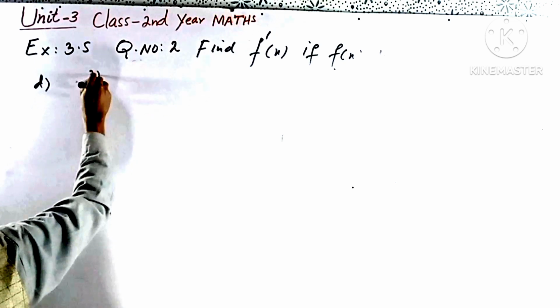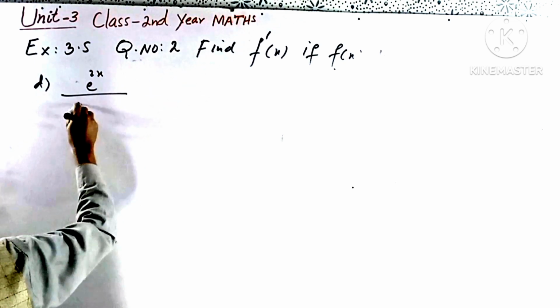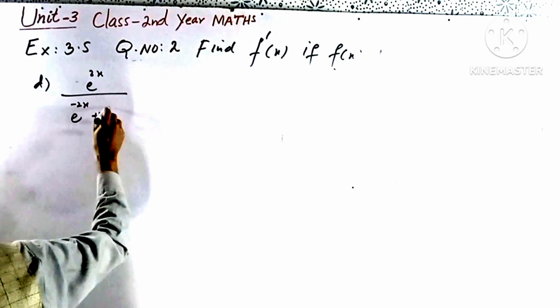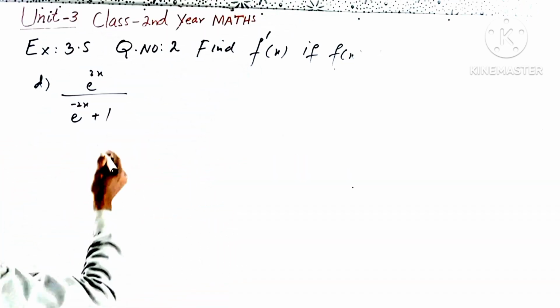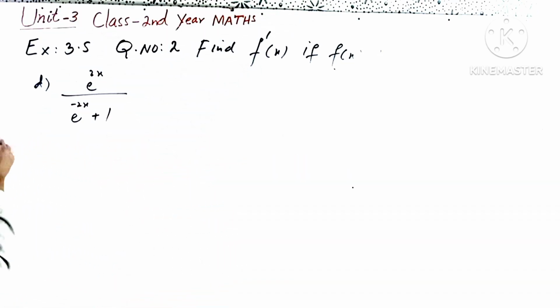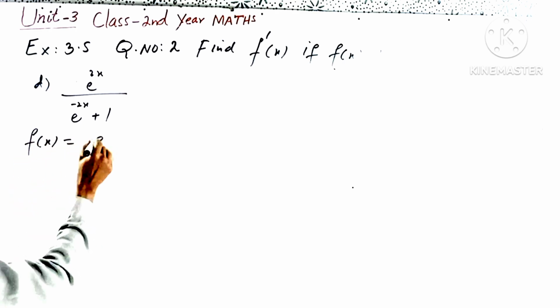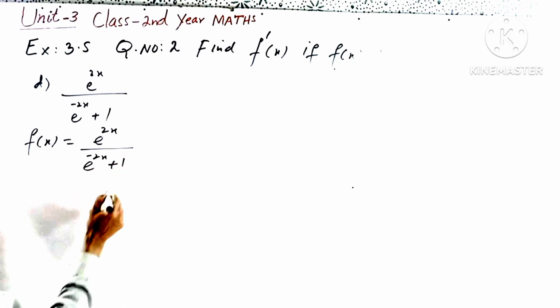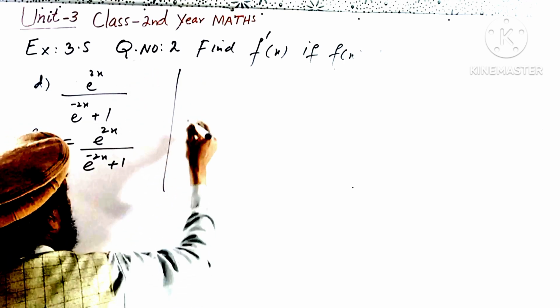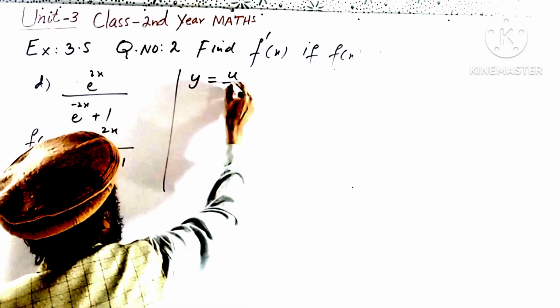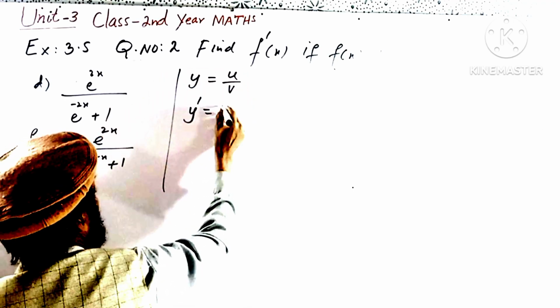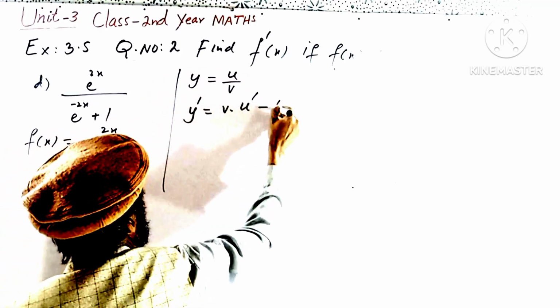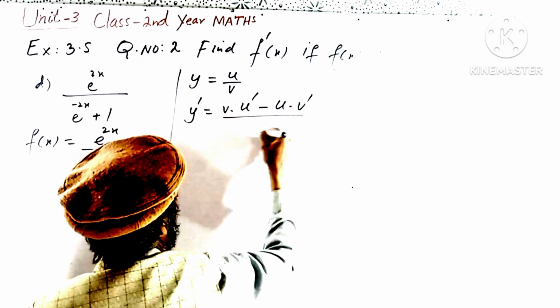Next, e power 2x divided by e power 2x plus 1. Given that f of x is equal to e power 2x divided by e power minus 2x plus 1. Now using the quotient rule: y is equal to u divided by v, and y dash is equal to v u dash minus u v dash, divided by v square.